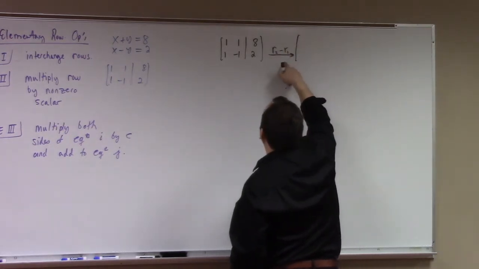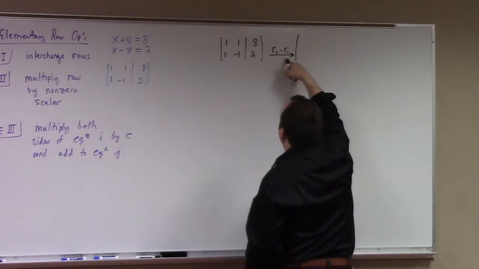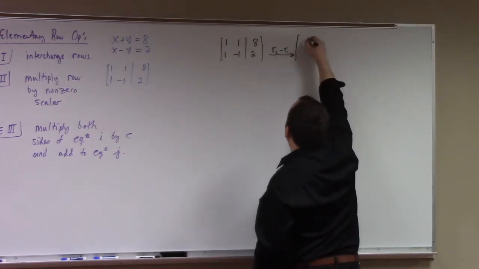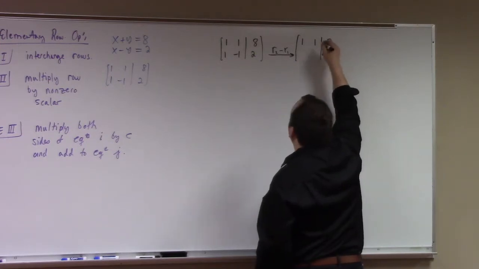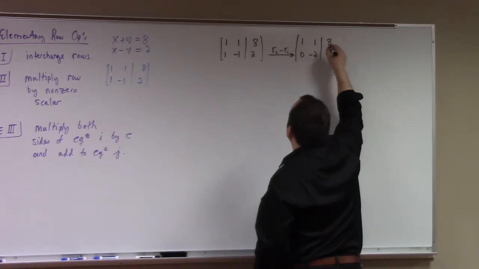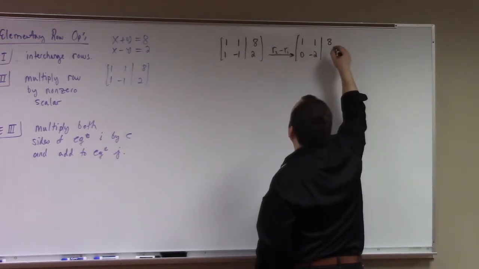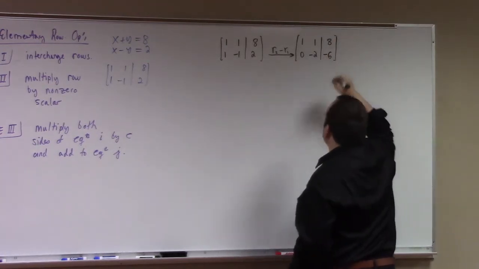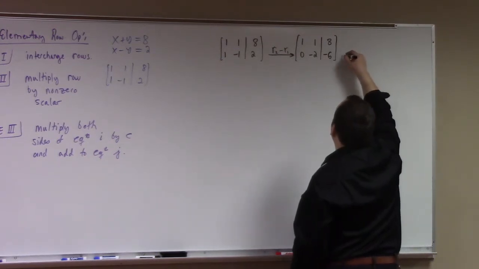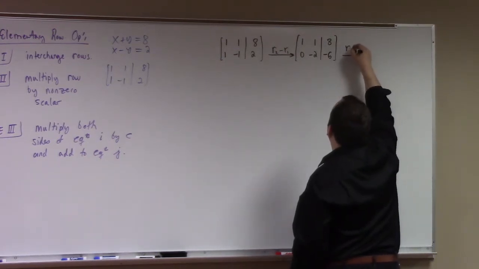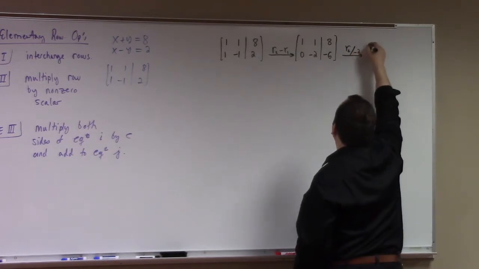R2 minus R1 means row 2 minus row 1. The nomenclature here is that the first row that I write is the one I modify. So 0, looks like minus 2, looks like minus 6, right? And next step I might make would be row 2 divided by minus 2.